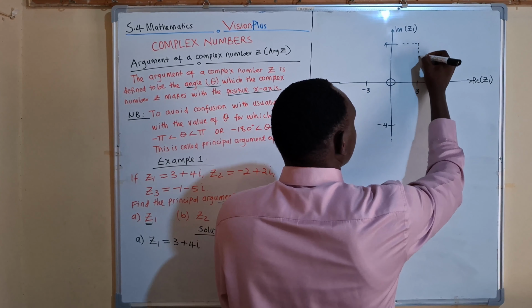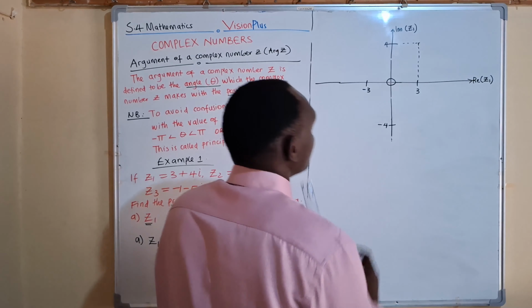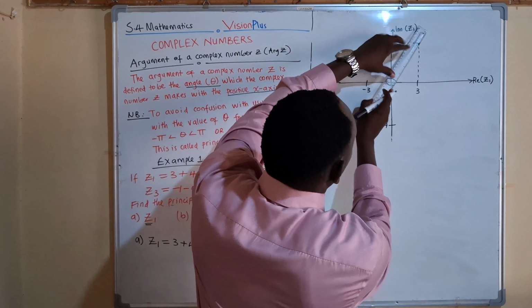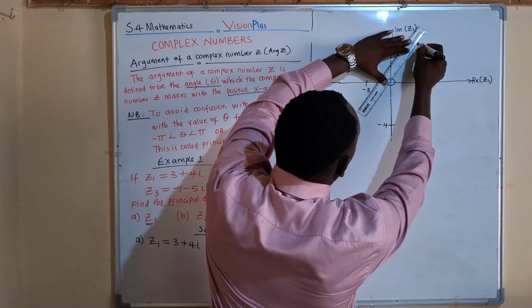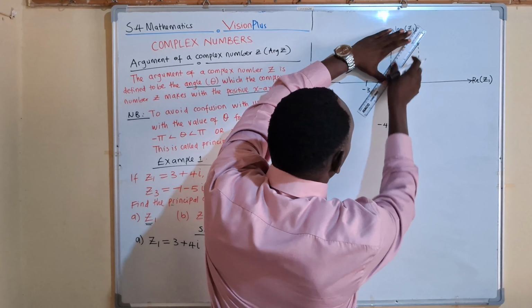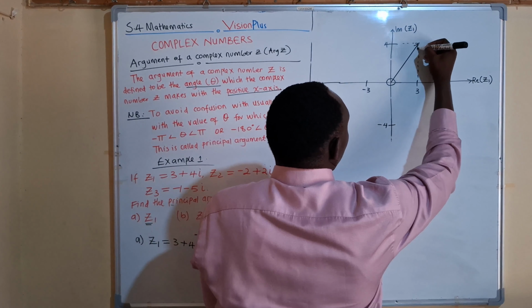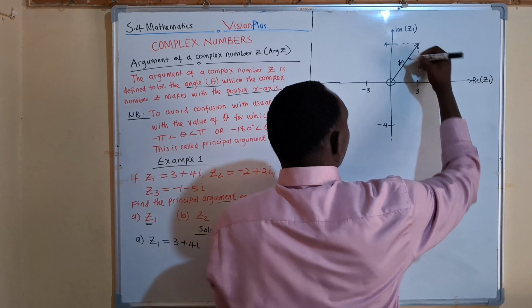That is the point where they meet. We mark it with a dot, then draw a straight line from the origin with an arrow at the top, and we say this is the complex number z1.